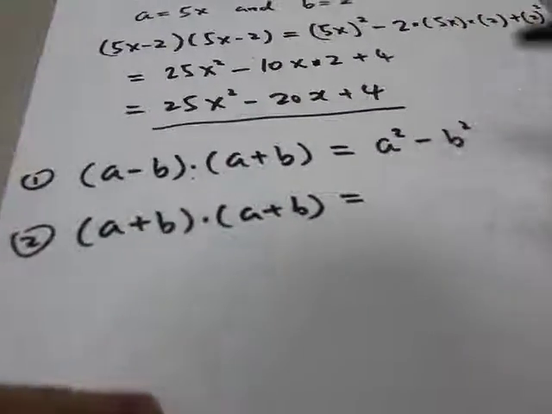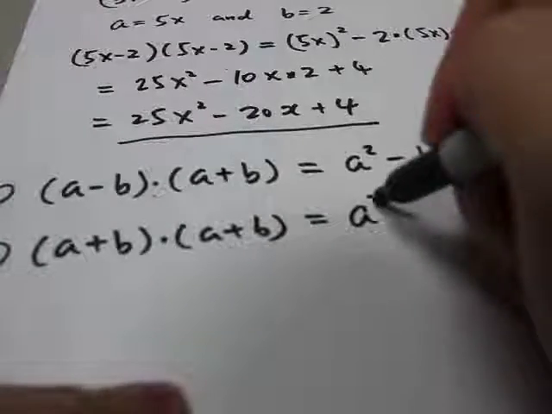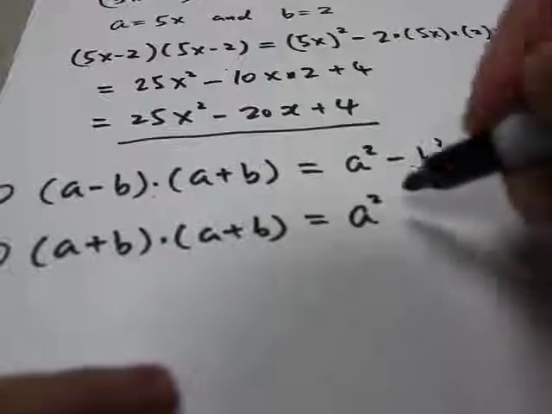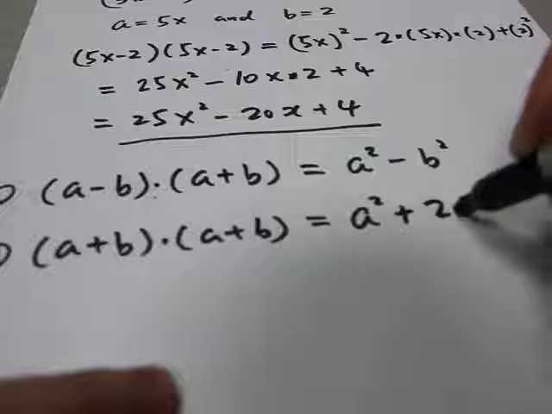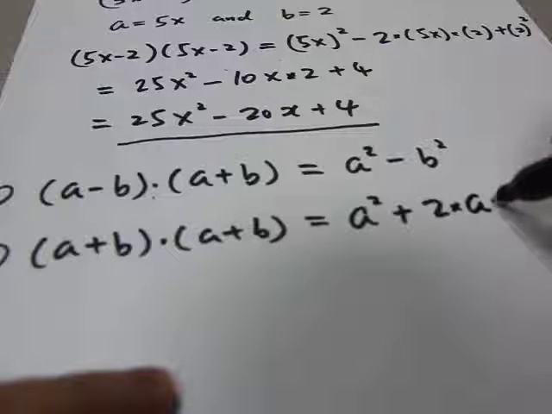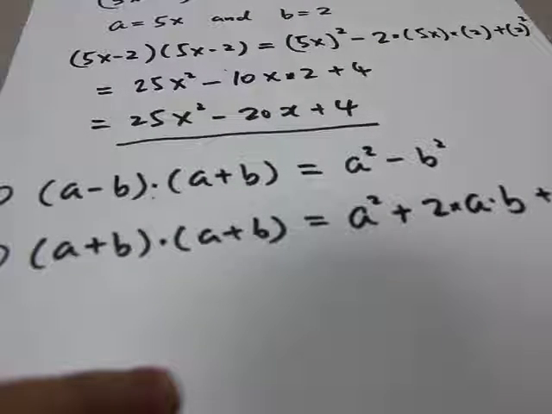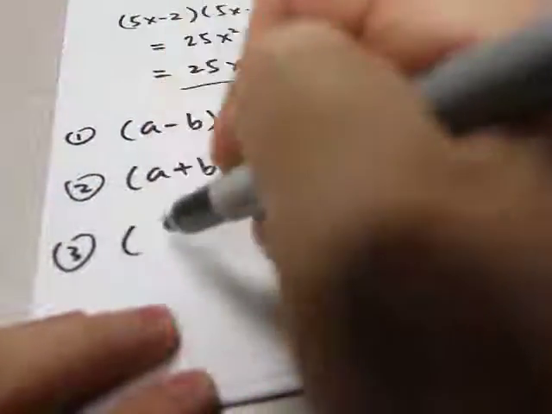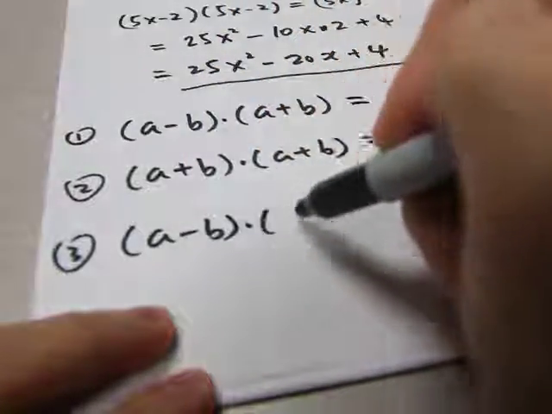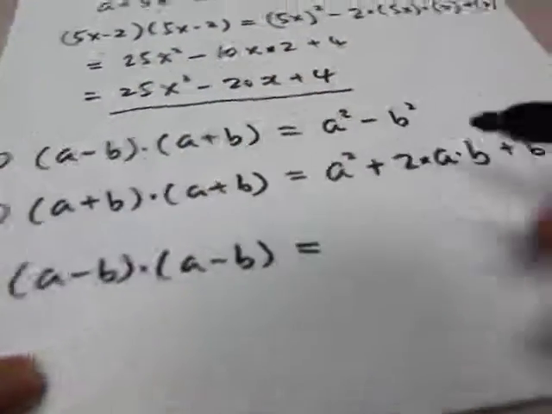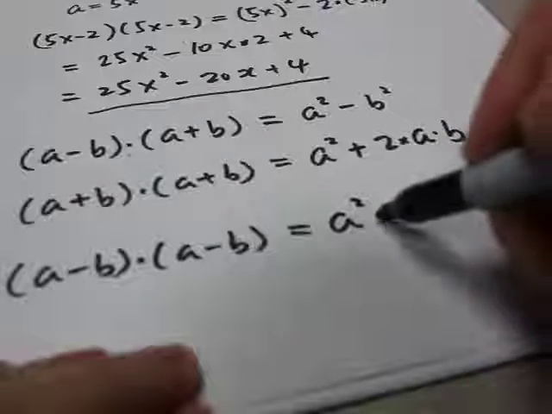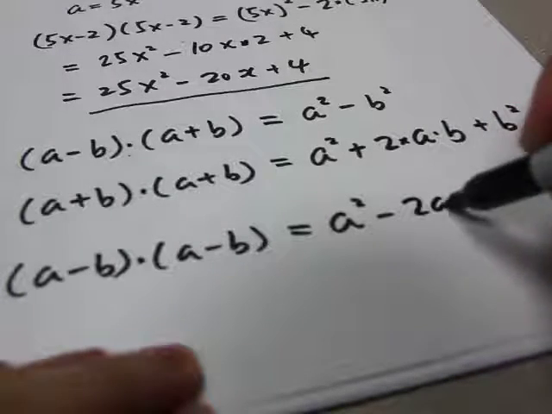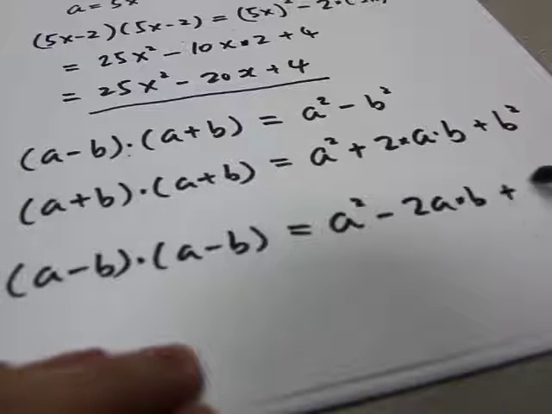The result has 3 terms: the first term is the square of a, plus 2 times the product ab, and the third term is b squared. Now the third special product is a minus b times a minus b. The result is a squared minus 2 times ab plus b squared.